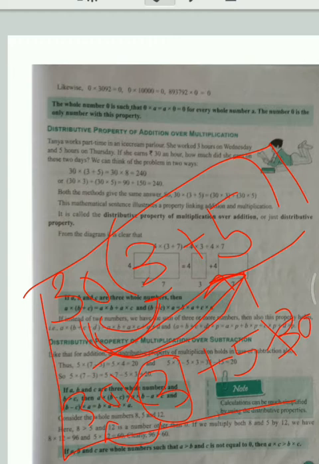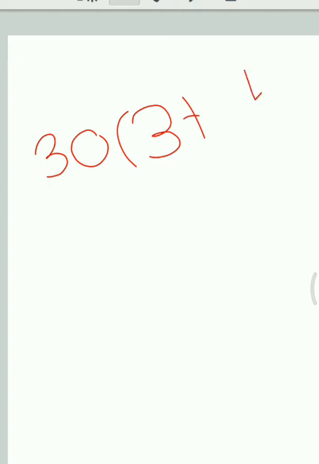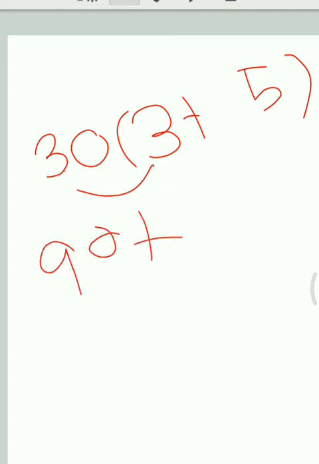30 into 3 plus 5, that is what? 3 into 30 is 90, plus 30 into 5, 150.